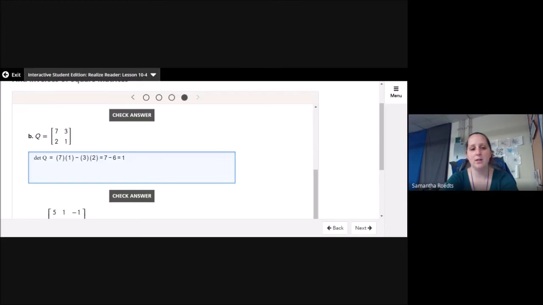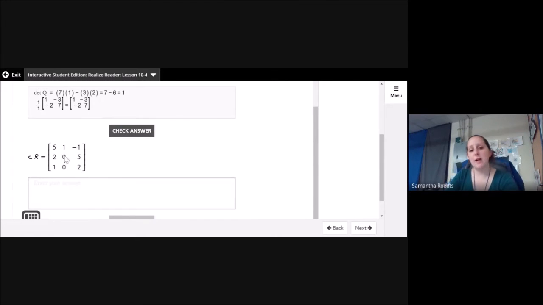So that is 1 over 1, or just 1, times D, which is 1, negative B, -3, negative C, which is -2, and A, 7. Okay, so 1 over 1 is just 1, so that is my inverse matrix.